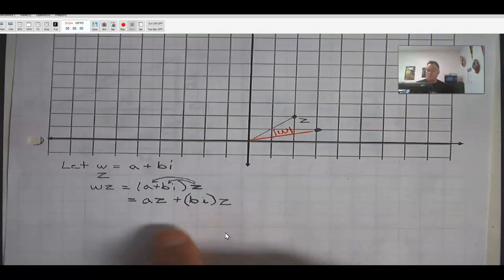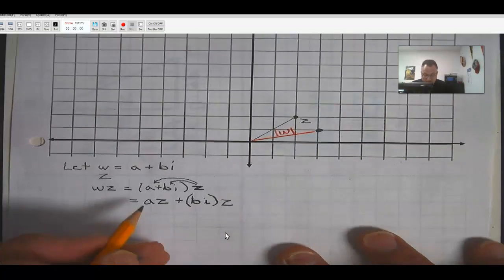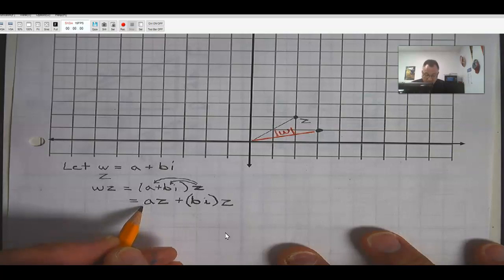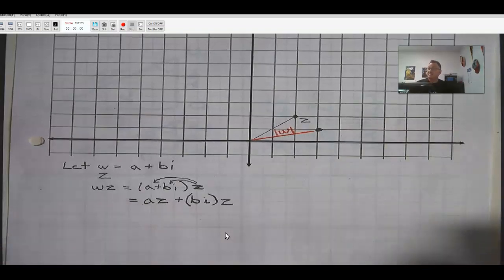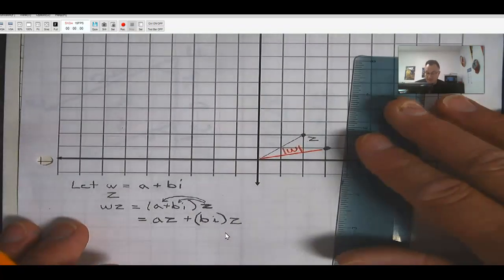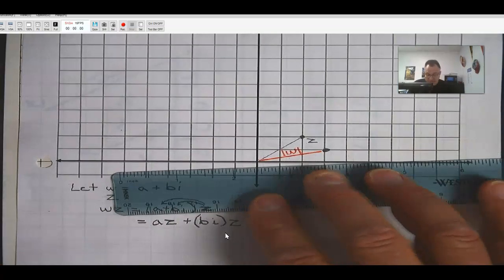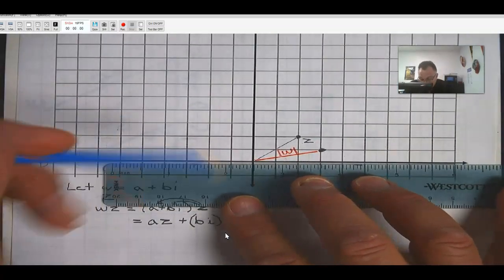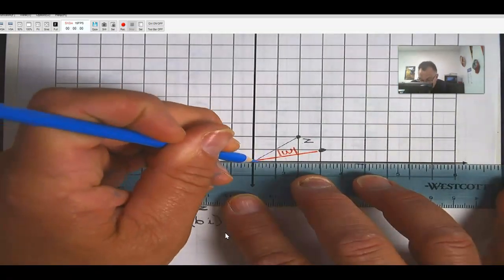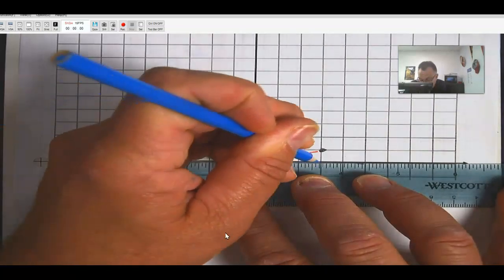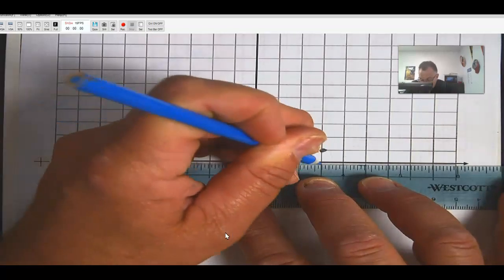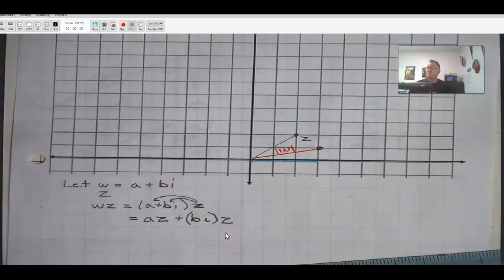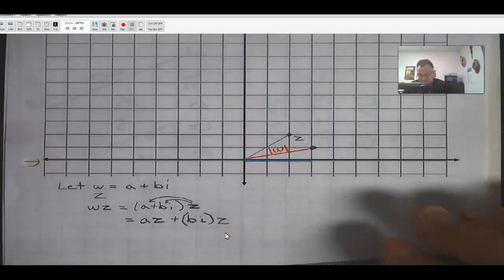All right, so what I have to do now is I got to draw this, AZ. So A times Z. Now what's A and Z in this case, or A and B? Well, if you look over here, let's use another color. This length right here, the one that I'm kind of doing in blue, that's A. That's how long A is right here.